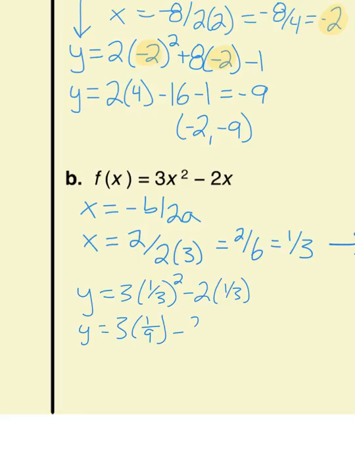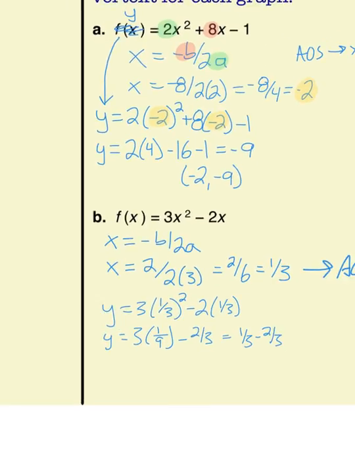Minus 2 times 1/3 is 2/3. So then I have 3/9, which is 1/3, minus 2/3, which equals negative 1/3. So my vertex is 1/3, comma, negative 1/3.